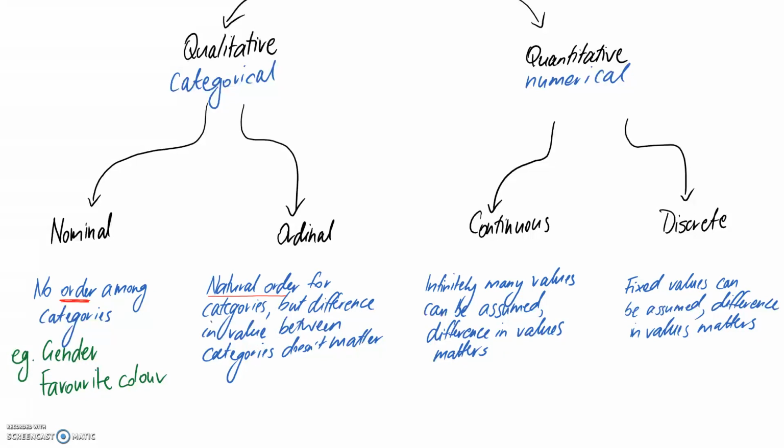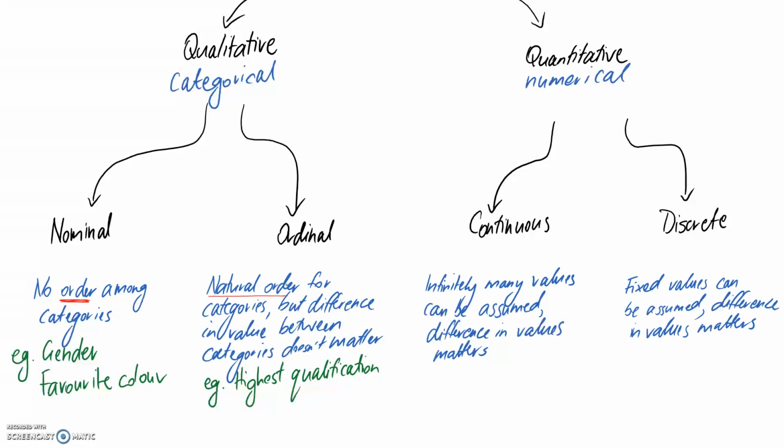So let me give you a couple of examples. One of them might be if you asked people, what is their highest qualification? They might answer back with, I've completed high school, I have a bachelor's degree, I have a PhD, and so on. So there's a definite order for those observations, because we would generally classify a PhD as a higher qualification than a bachelor's degree, and that's higher than completing high school.